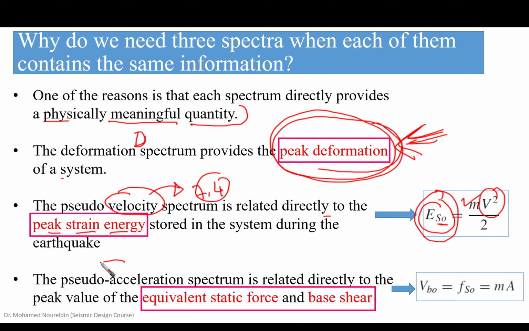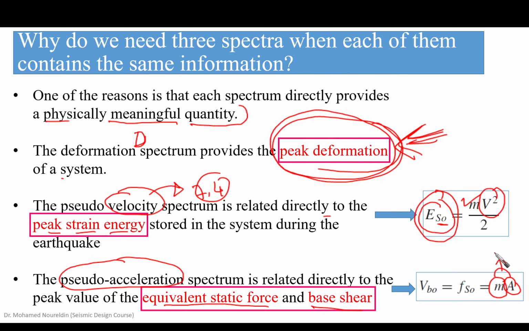What about the pseudo acceleration? What is the physical quantity that it is giving to us, the physically meaningful quantity? It is related directly to the peak value of the equivalent static force or base shear. Do you remember that from Newton's law, A times M gives us what?